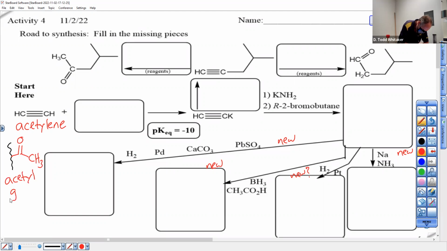Acetyl group, normally. Acetylene doesn't have it, does it? It's not a mistake that they named it like this. It's just, it's got historical reasons that they learned later were a mistake.